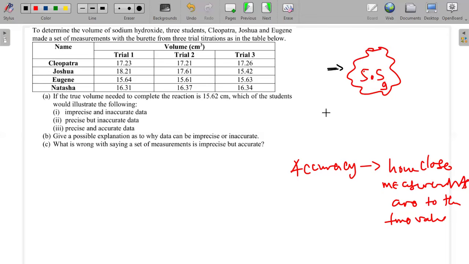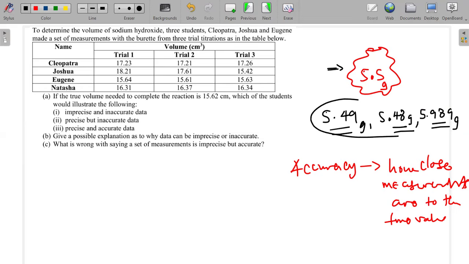So maybe I measure and I find 5.49. I measure again, maybe I find 5.48 gram. I measure again, I find 5.989 gram. So you can see that the measurements here that I'm getting are actually very close to the 5.5, right? So we'll call these measurements accurate because they are very close to the true value.